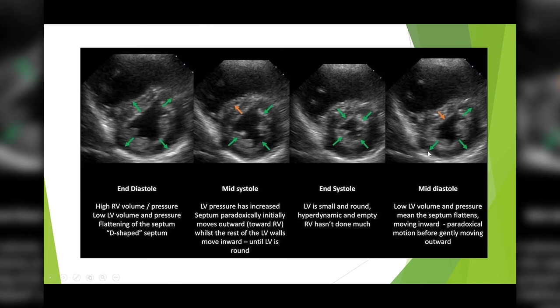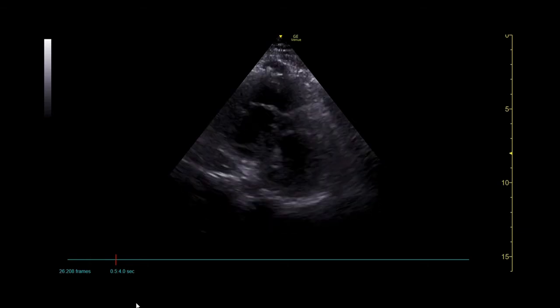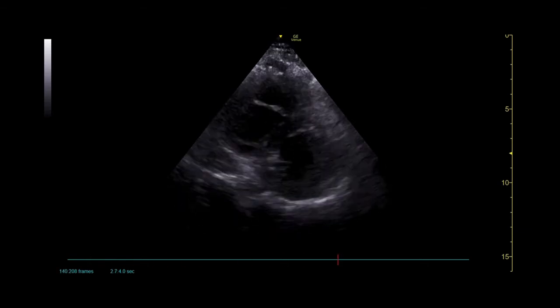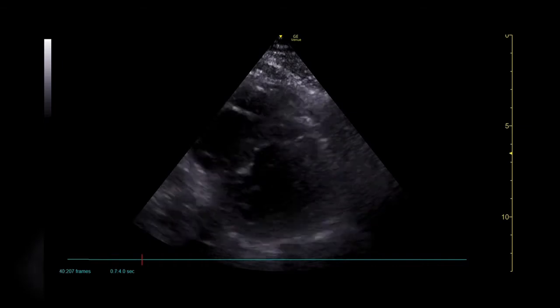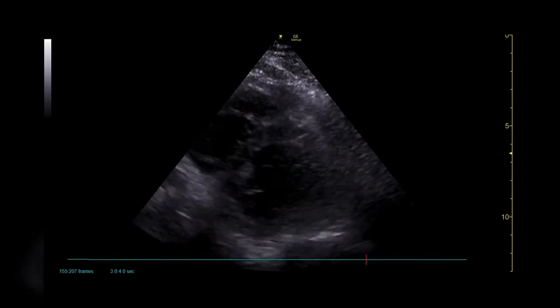Whereas in mid-diastole, the septum moves inwards while the rest of the walls are moving outwards. This is the paradoxical septal movement. Here is an ultrasound video clip showing paradoxical septal motion.